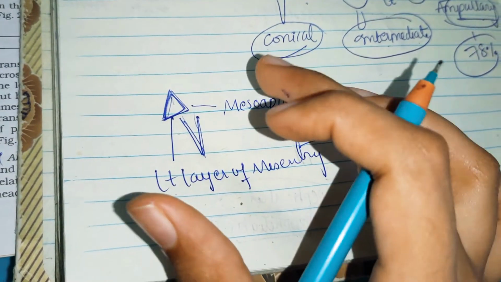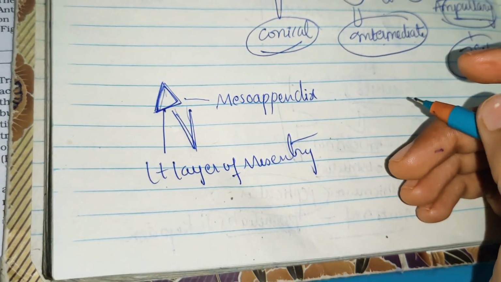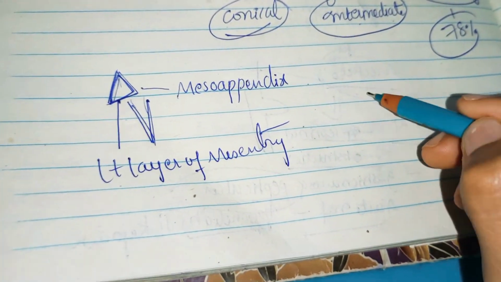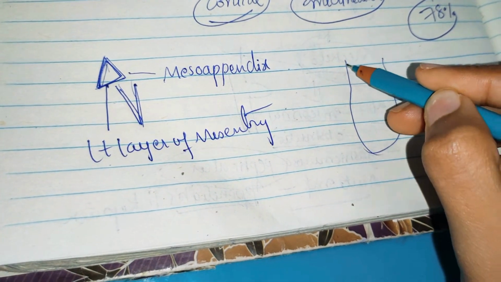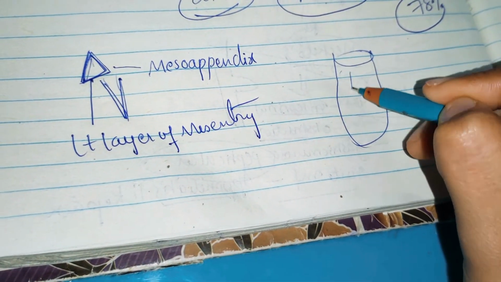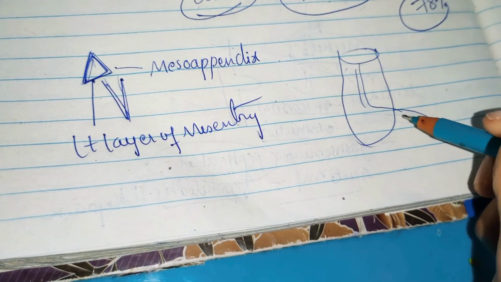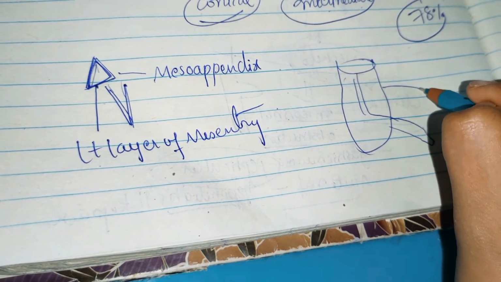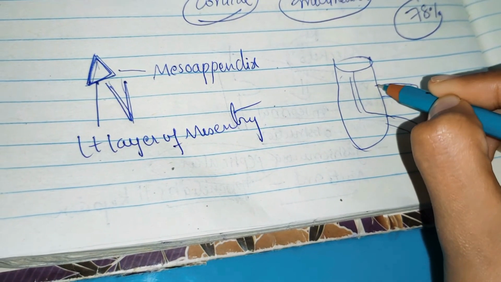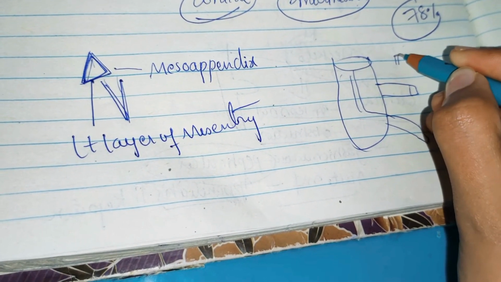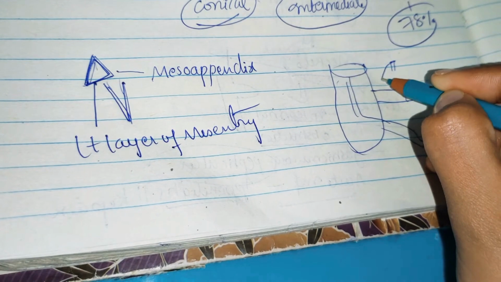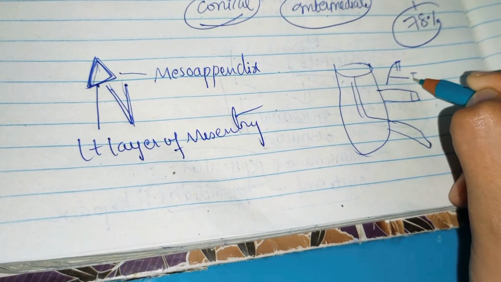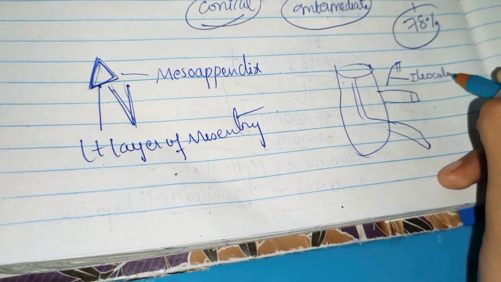Next, coming to the blood supply of the appendix. So let us draw one diagram. This is the cecum. Here you have the appendix. Here you have the ileum, right? First you have the superior mesenteric artery, which gives the ileocolic artery.